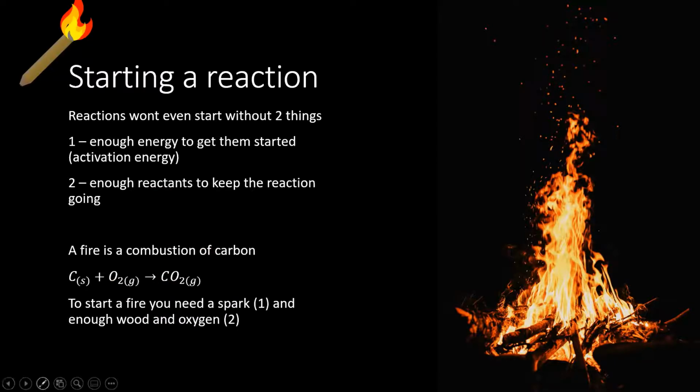There are three ways to put out a fire, and two of them are these two here. One of them is to remove the oxygen by covering it up, so that gets rid of one reactant. The other one is to remove the fuel. If you've got a fire that's burning off gas, turn the gas off.